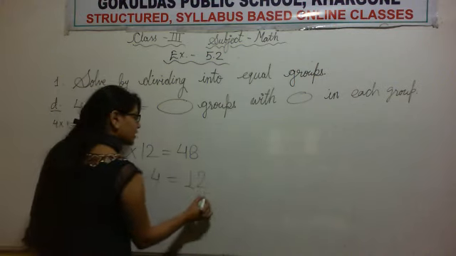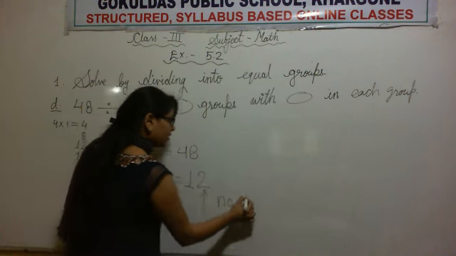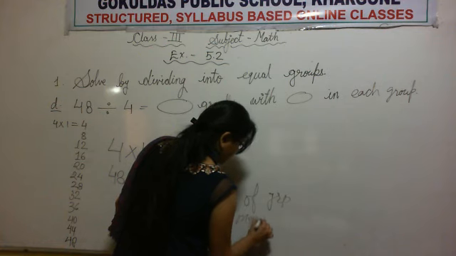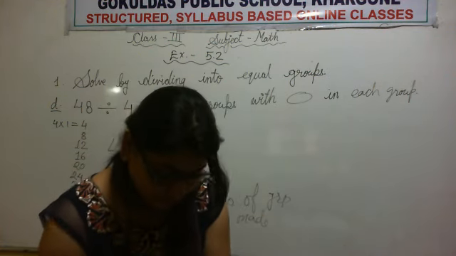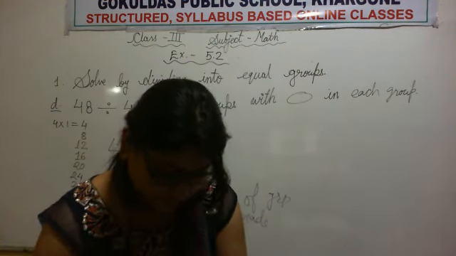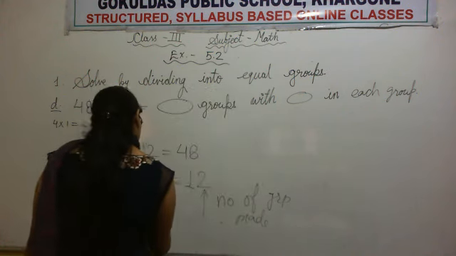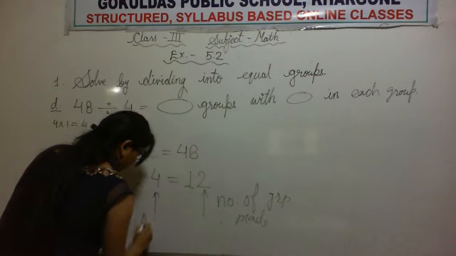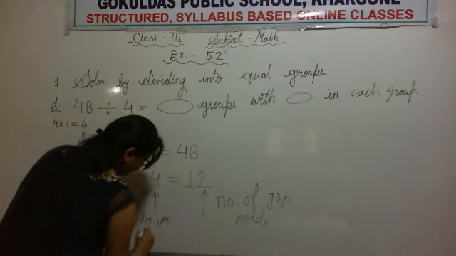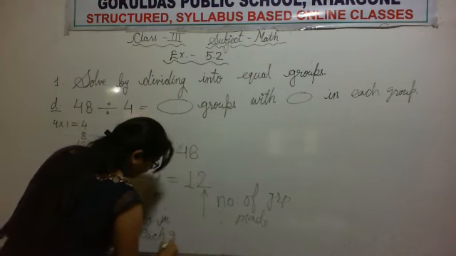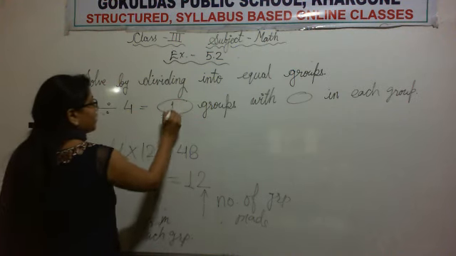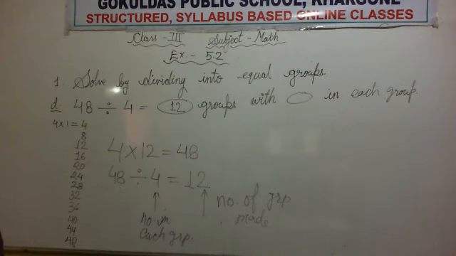We know this is the number of groups made, and this is the number in each group. So 12 groups with 4 in each group.